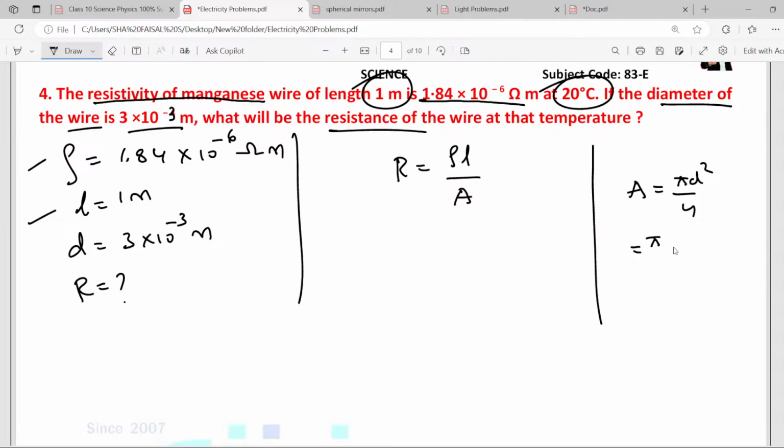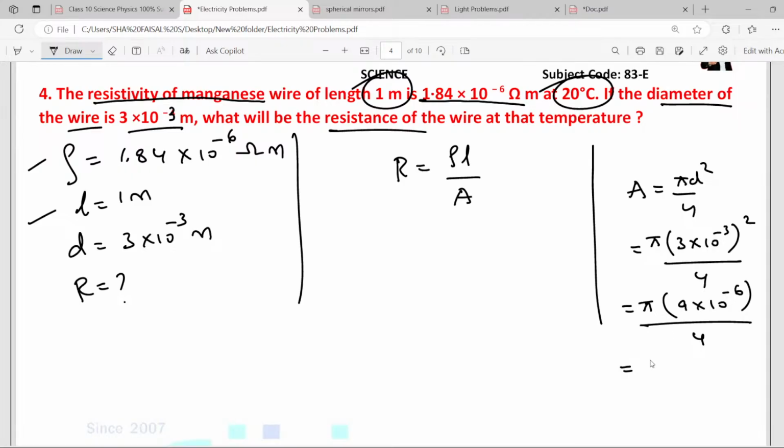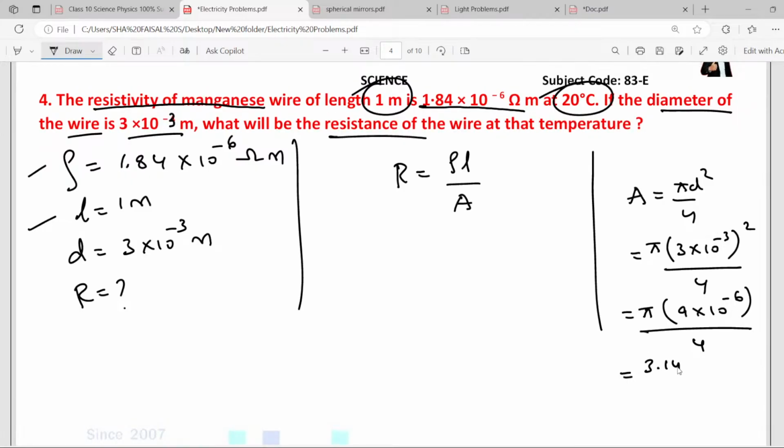Into d square: diameter is 3 into 10 power minus 3 meter, whole square, divided by 4. Then pi into 3 square, which is 9, into 10 power minus 6, divided by 4. Clear? Now come to the point. What is the value of pi? Pi is 3.14.